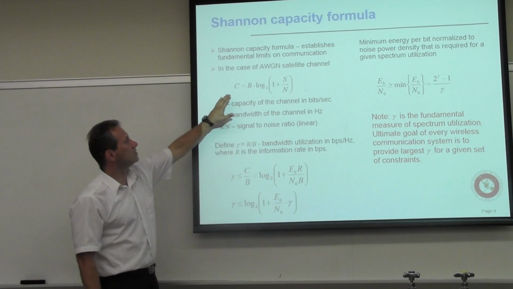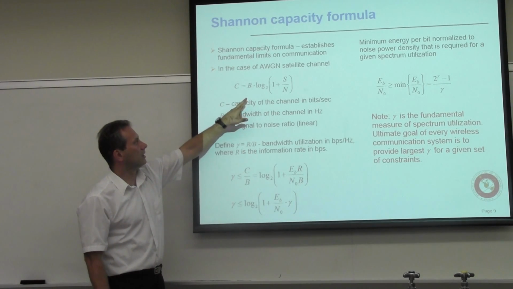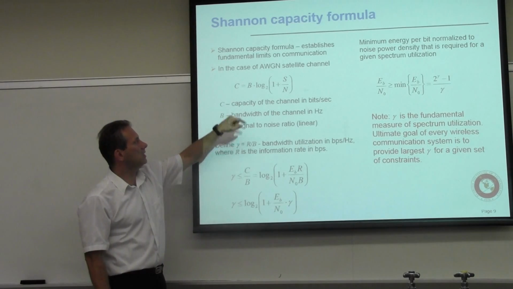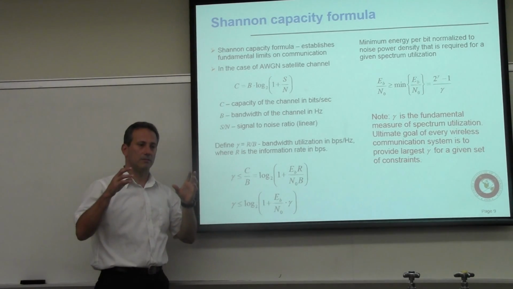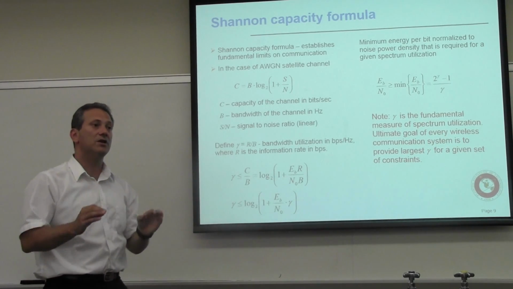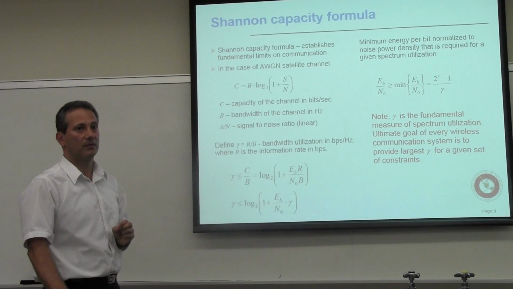It turns out in this type of channel, this relationship holds. Now, what are the elements here? C is the capacity of the channel. This is the highest information throughput that you can send through this particular channel.